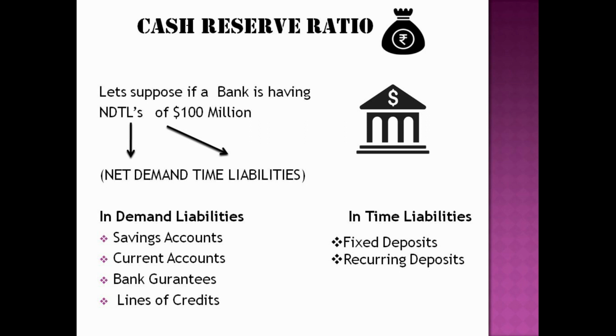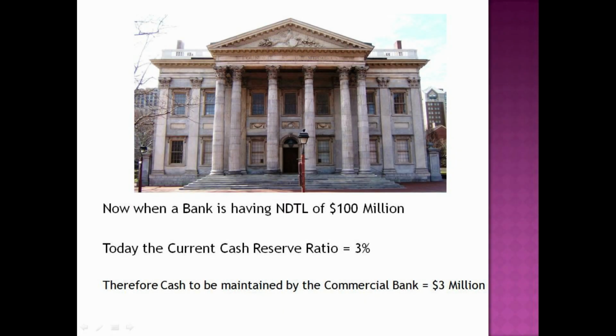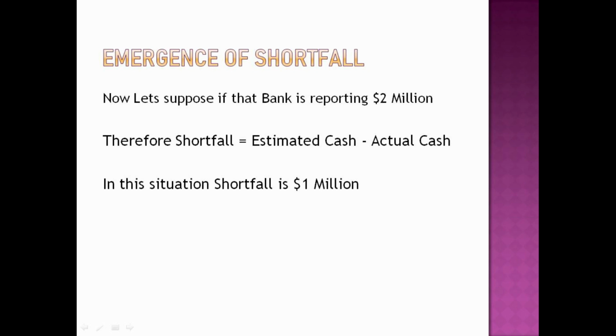Time liabilities constitute fixed deposits, recurring deposits, etc. Now, when a bank has an NDTL of 100 million, and today the current cash reserve ratio is 3%, that's 3 million that needs to be stored with the central bank. That bank has to maintain 3% in reserves.